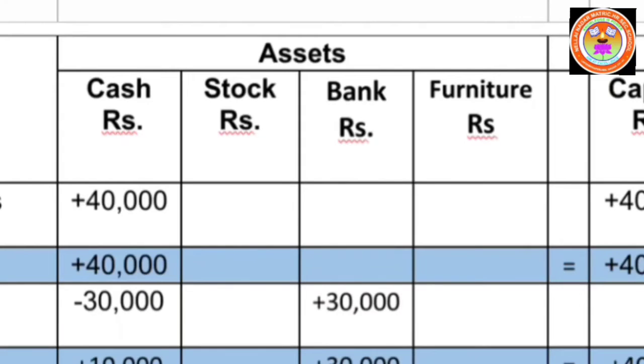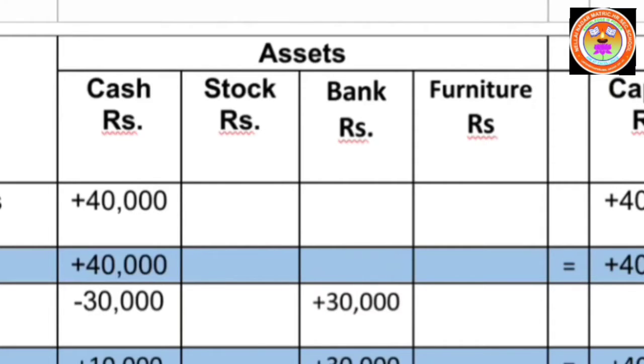Writing the plus or minus amounts in the columns, you can cross check whether you are writing right or wrong. How? Every transaction amount should be written in any two columns of your accounting equation. Any two columns.